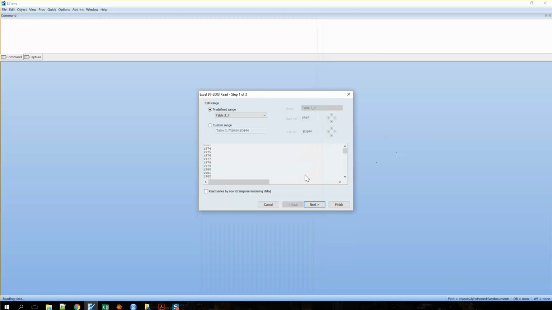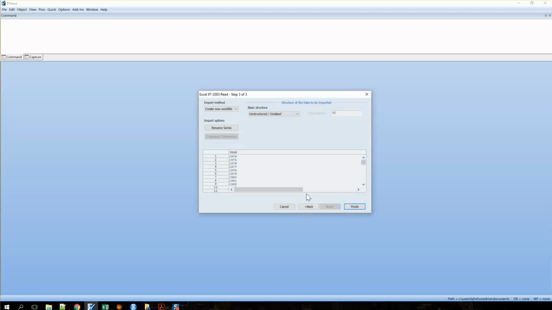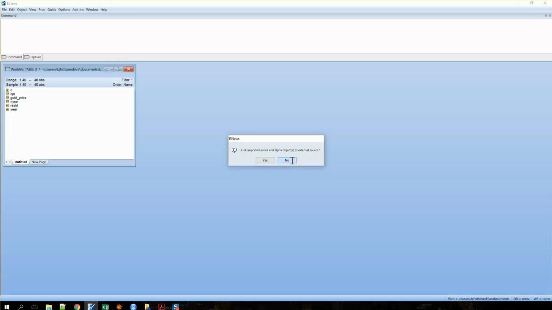Okay. Now, sometimes you'll have to relabel these series, and sometimes you will not. So here you can see that they're already labeled properly. That's good. And check again. Finish. No, we don't need it to link.